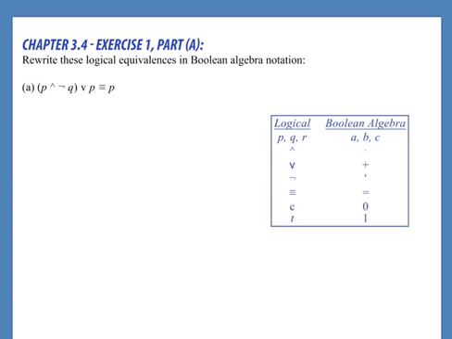Basically, we're going to start from within the parentheses. The P right here is equivalent to A, as it shows in this chart. So we'll put A, and then this right here is equivalent to the dot.